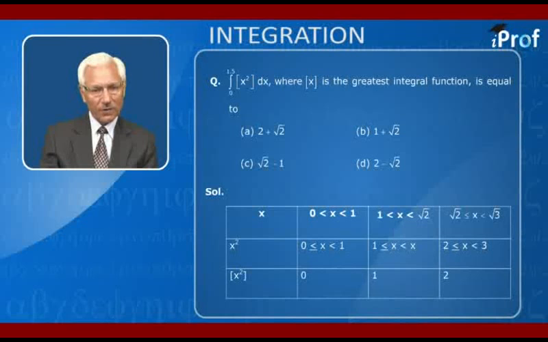The greatest integer value of x square therefore becomes 0 in the first interval, that is between 0 and 1 for x, and 1 when x goes between 1 and root 2, and 2 when x goes between root 2 and 1.5.